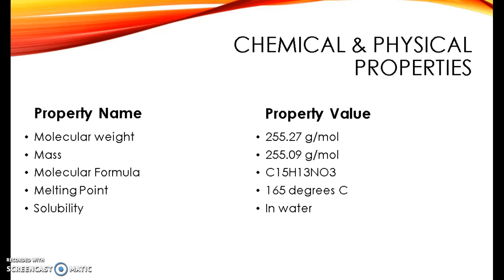It has a molecular weight of 255 grams per mole, and a mass also a little less than the molecular weight of 255 grams per mole. The molecular formula is C15H13NO3. It has a melting point of 165 degrees, and it is soluble in water.